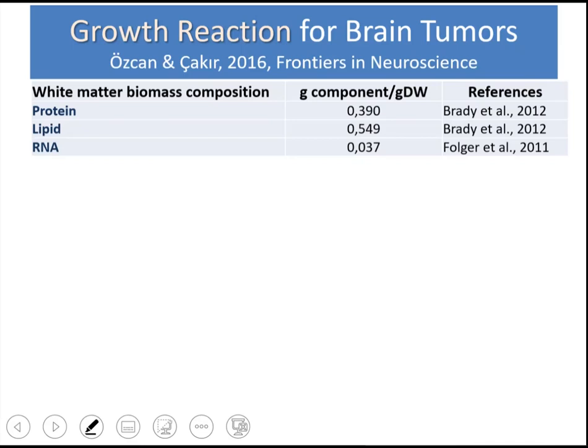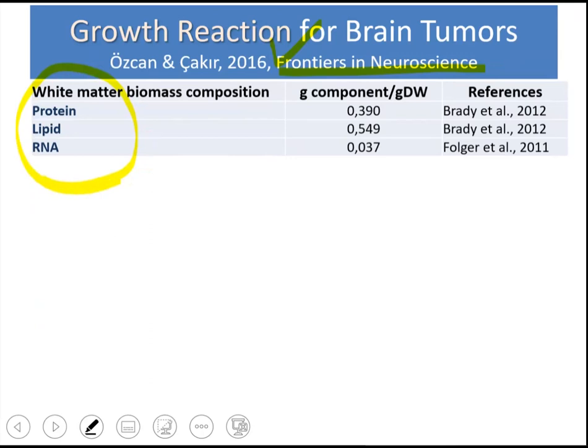simulations. So indeed we did this with a student of mine and we published the results in 2016 in the journal Neuroscience for glioblastoma, a tumor type for brain. So we made a literature search first to identify relative macromolecule composition of tumor cells.